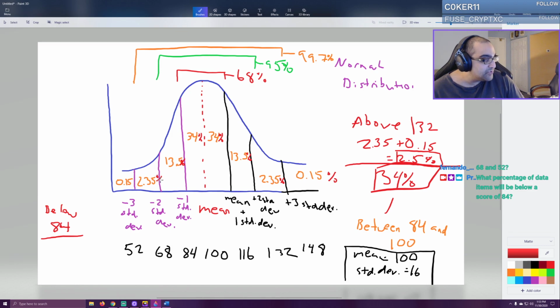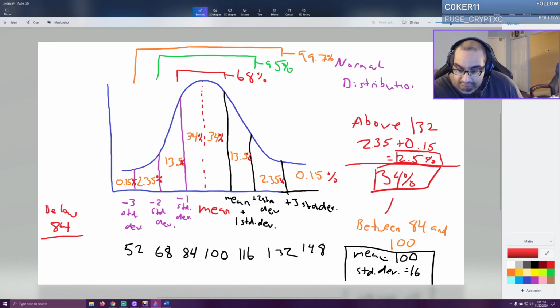Again, this picture is really important, so that's why I'm a little hardcore about it. So what percentage of data items will be below a score of 84 according to what you see here on this table? 16% is correct.